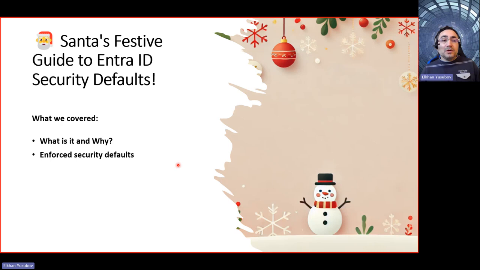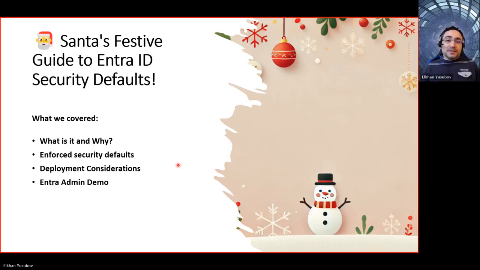Then we looked into how to enforce security defaults, and then we looked into different deployment considerations that come with security defaults, as well as the way to enable and disable security defaults, and settings on devices, users, and groups, how they could be changed and what options you have. And finally, we had a small Q&A.